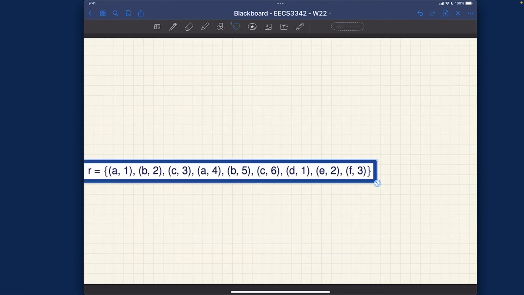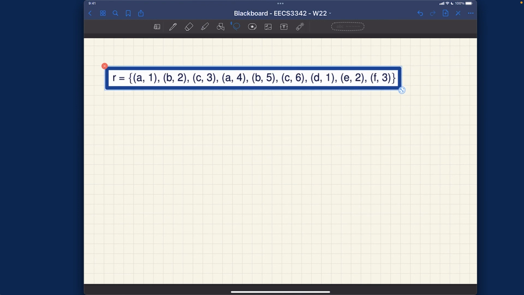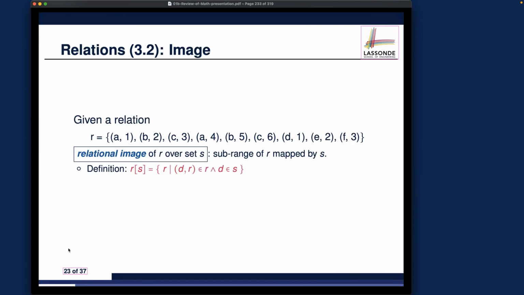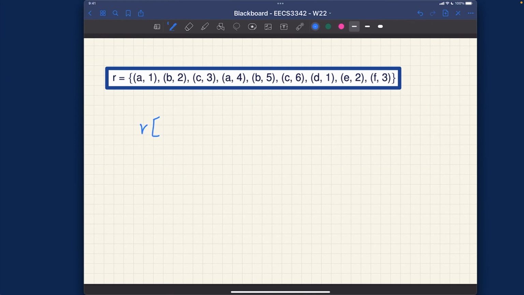Let's now talk about relational image. Okay, so the syntax will be R, the relational image of R over a set, right? So what's the input? A, B, okay?